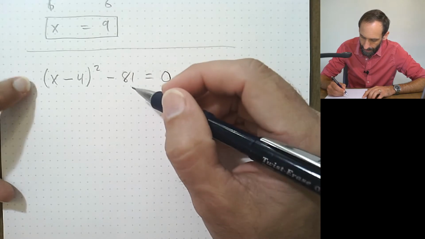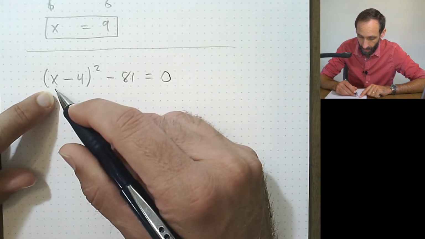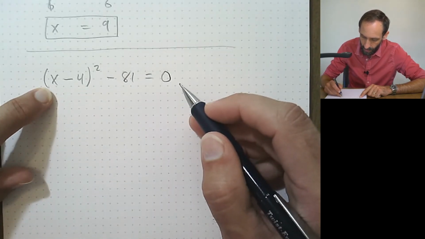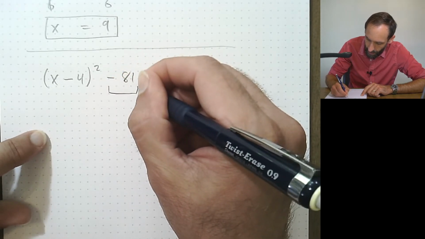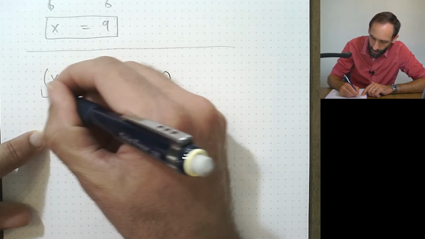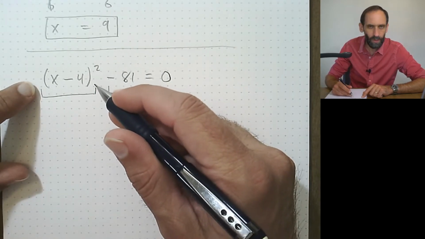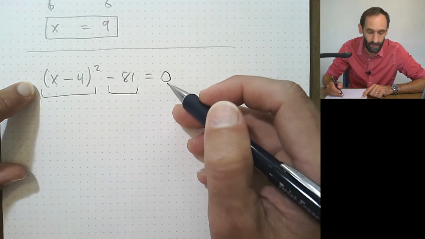Well, I need to figure out a number or several numbers that when I plug them in for x will make this equation true. Well, since I'm subtracting 81 here, whatever I have here must be equal to positive 81, because when I subtract 81, I'm getting 0.